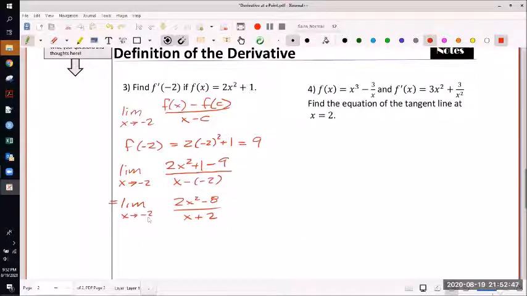Okay, well, I cannot do a direct substitution. I can't substitute in the negative 2 here because I get a 0 in the denominator, right? So what I can do is factor the numerator by factoring out a 2. So this will give me 2 times x squared minus 4 over x plus 2.